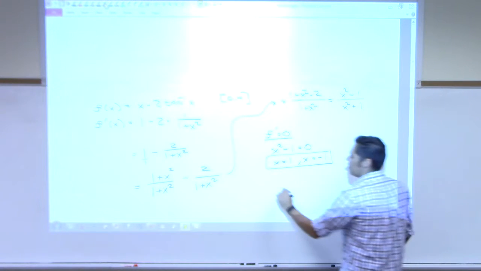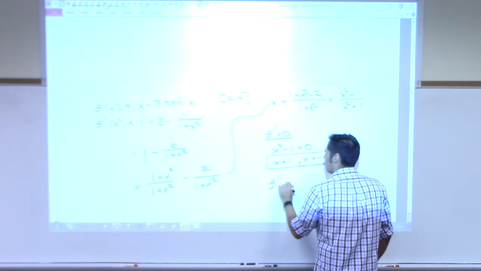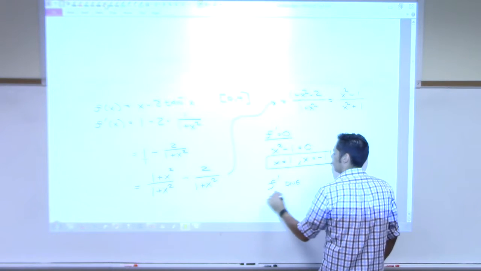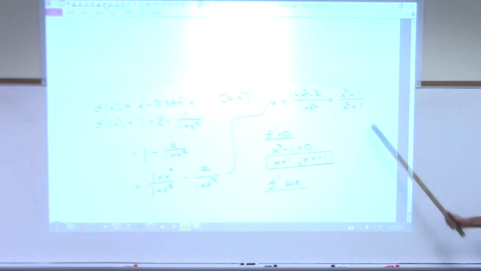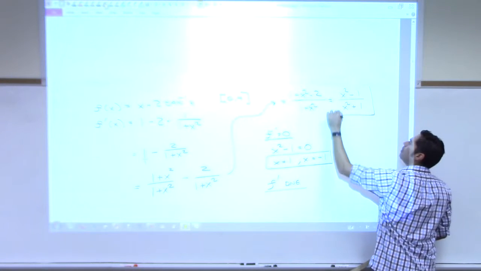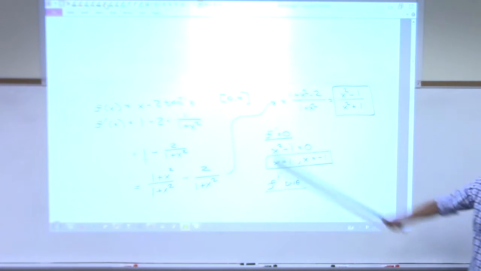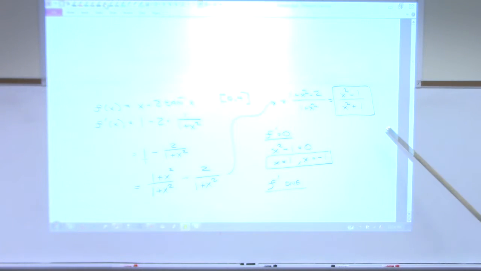What about the derivative not existing? What do y'all think? Here's my derivative right here. Yeah, the derivative, not the original one. How about here? Should be good to go, right? The only thing that could possibly happen is division by 0, right?